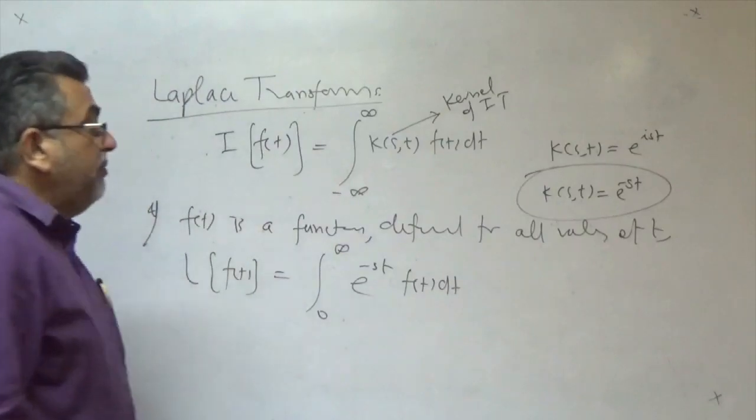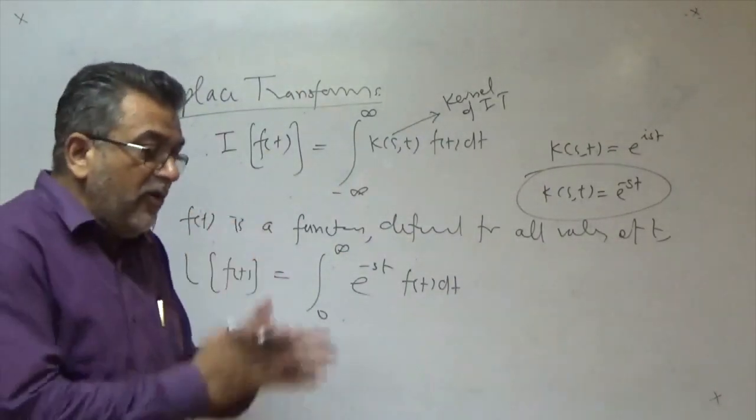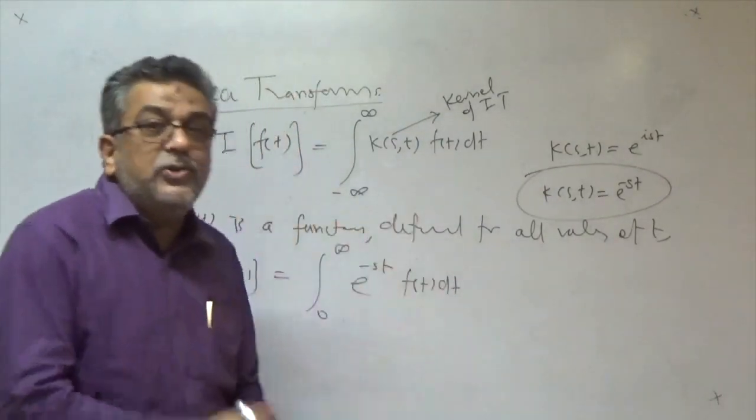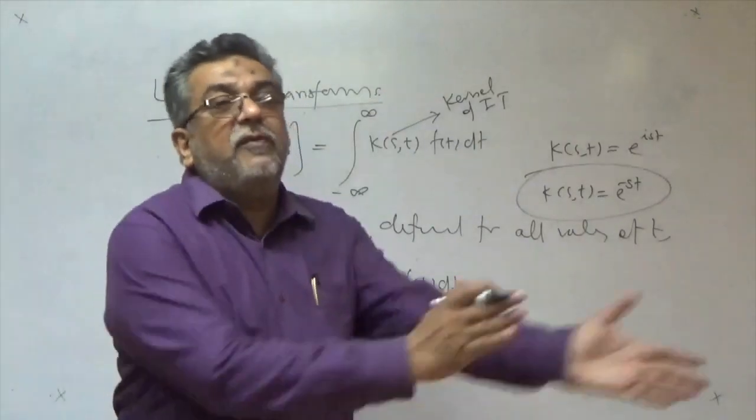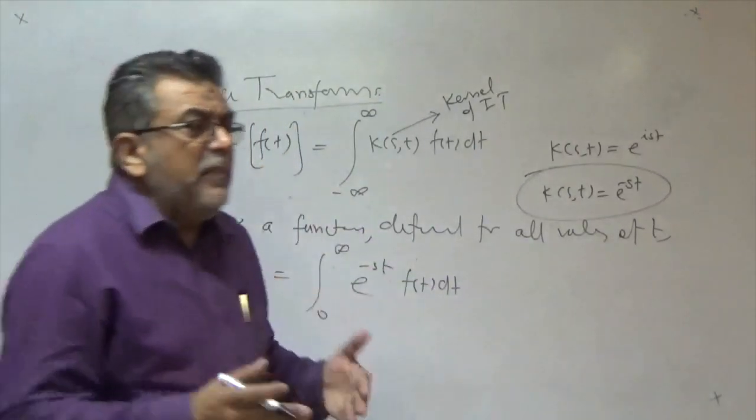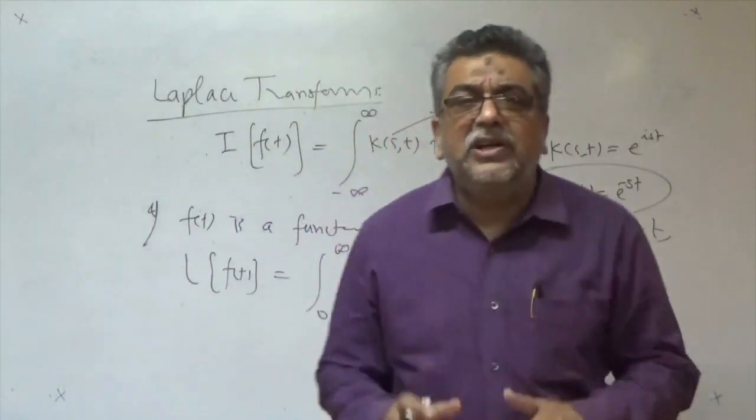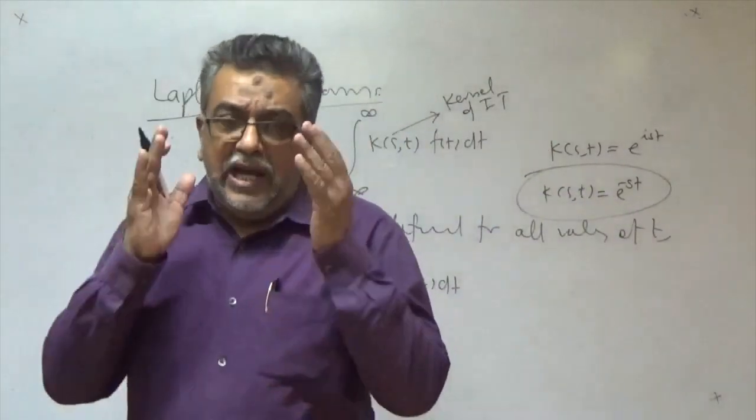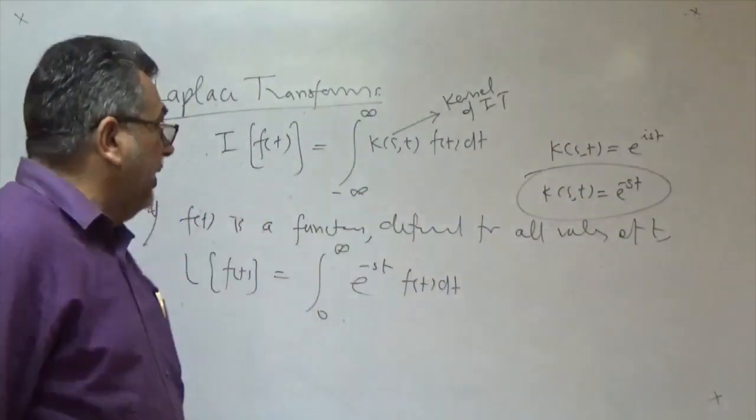This is your main formula for the Laplace transform, also known as the first principle of the Laplace transform. The Laplace transform of every function can be found by this formula.